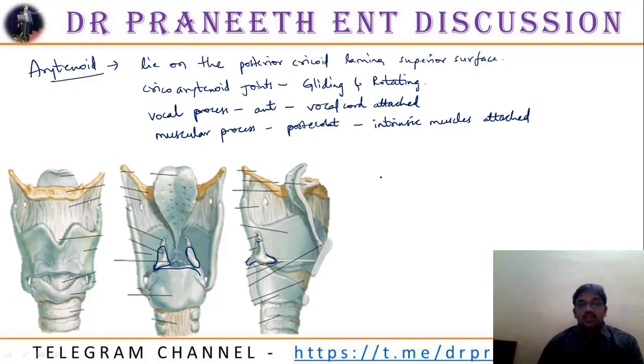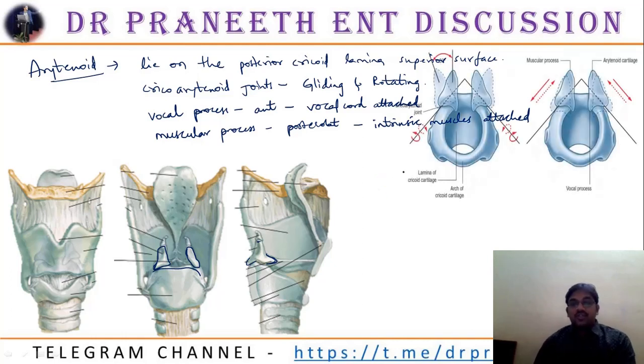And the cricoarytenoid joint, if you see, these are the cricoarytenoid joints. The types of movements possible are that they can rotate as well as glide. There is a gliding kind of movement possible here, as well as a rotatory kind of movement.